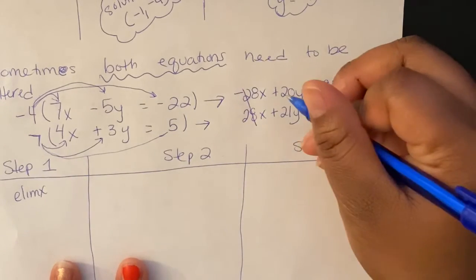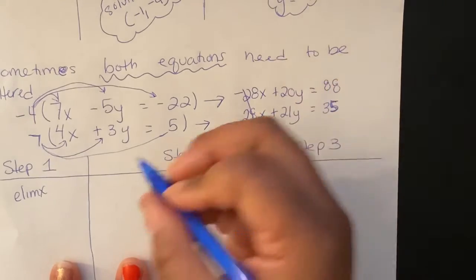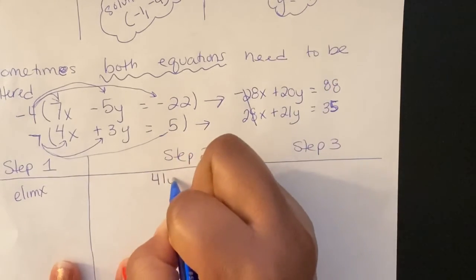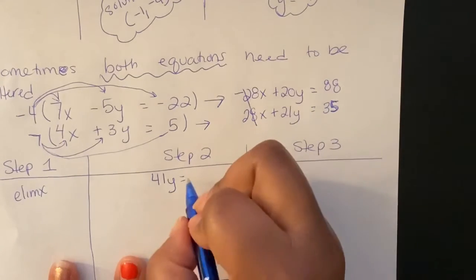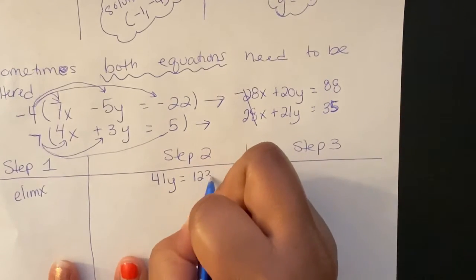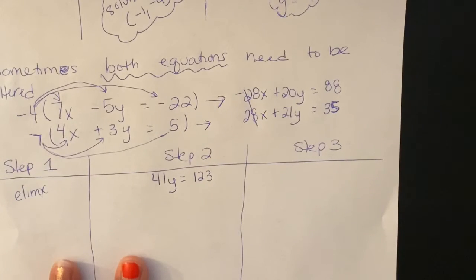Now I have 20y plus 21y is going to be 41y. And then I have 88 plus 35, which is going to be 123. Okay. I know, big numbers.